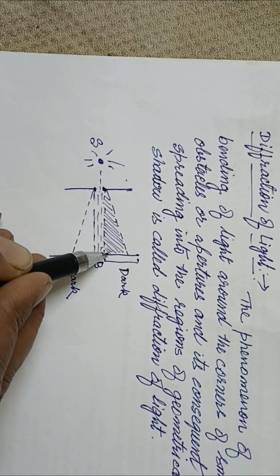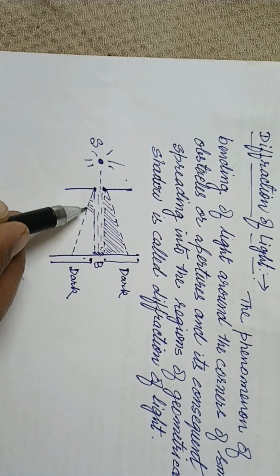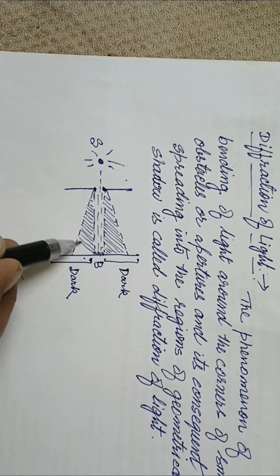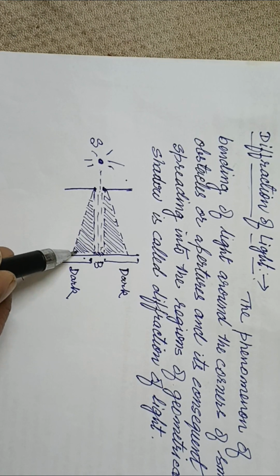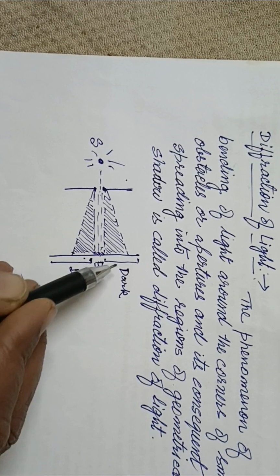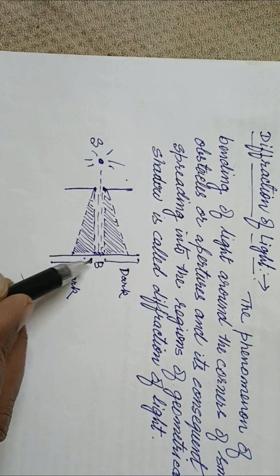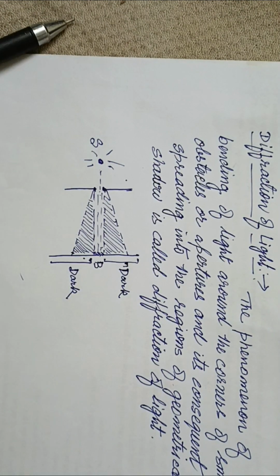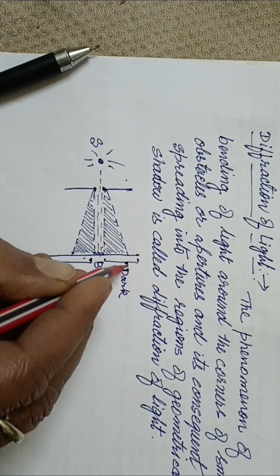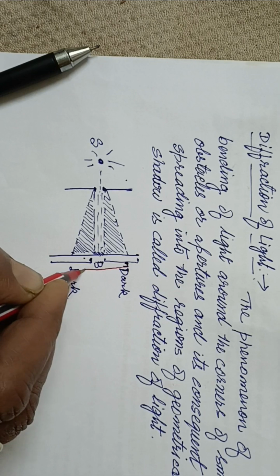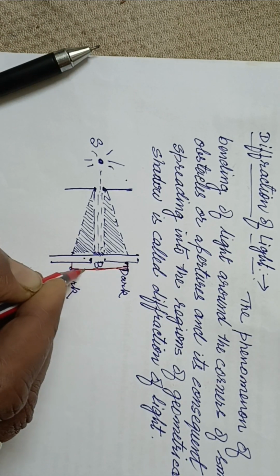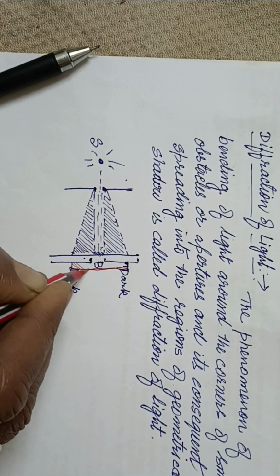It bends towards this darker portion, and you will get a little bit blurred patch of brightness. So overall from here to here, you will get a bright patch. This is the bright patch.